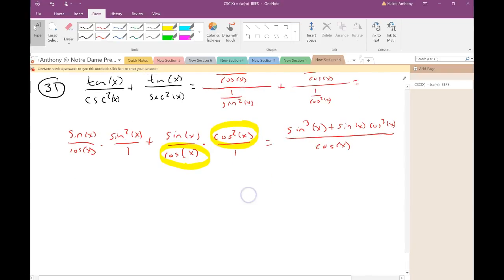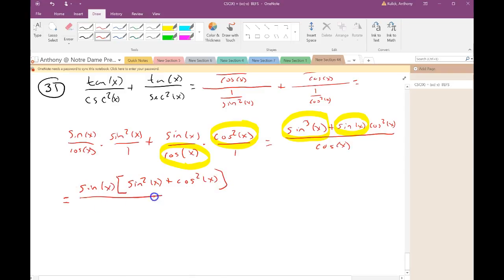What do you notice that we can do to the numerator? The two terms, I notice I have sines in both of them, right? What if I factor a sine out of there? What am I going to have left now? Sine squared plus cosine squared. That's a good thing. I recognize that. What is sine squared plus cosine squared equal? 1. Which is just tangent.